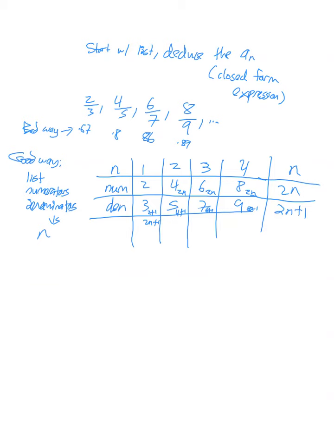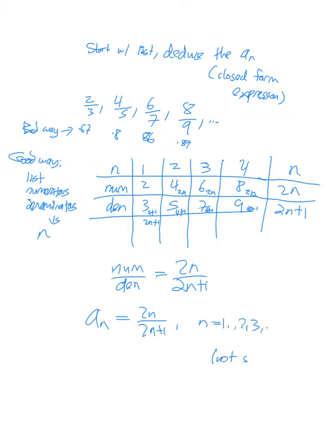In other words, the numerator divided by denominator is going to be 2n divided by 2n plus 1. So therefore our an is going to be 2n over 2n plus 1, and our n's are going to range from 1 to 2 to 3 and so on, in other words, not starting at 0 in this case.